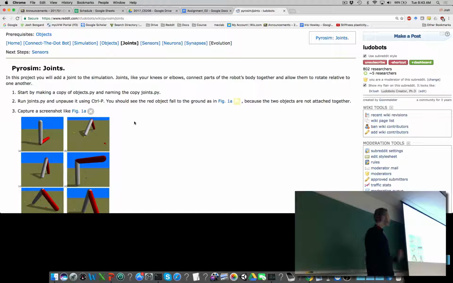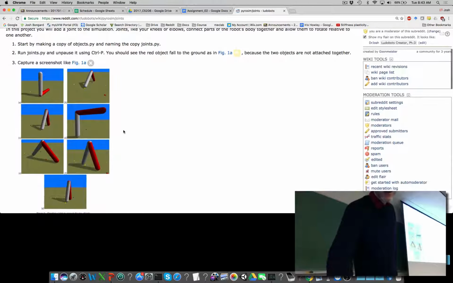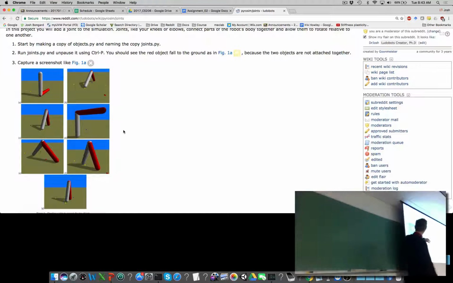So again, this assignment can be tricky for some people if you don't have a good intuition for the 3D coordinate system in PyroSim. So let's just talk a little bit about joints first to give you a bit of an intuition about this. This is the snapshot here where we put the red cylinder up here and then it just falls because the 2 objects aren't attached yet.